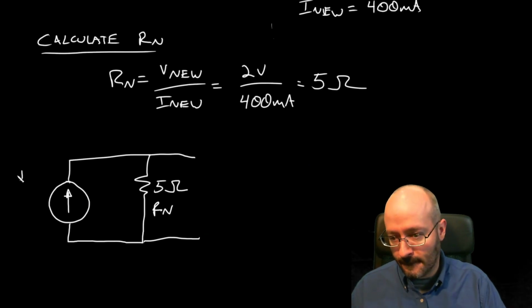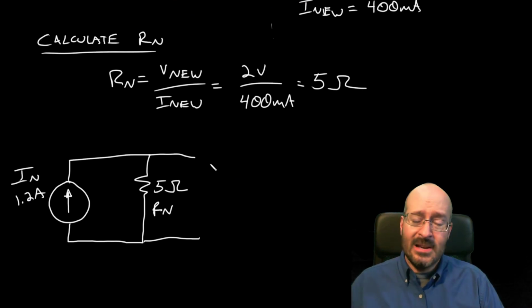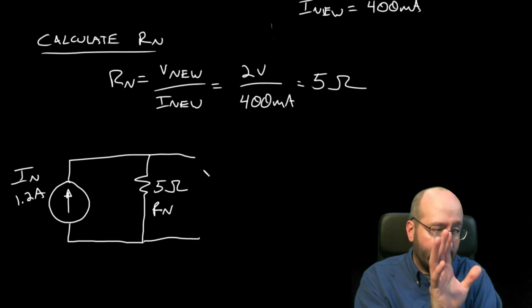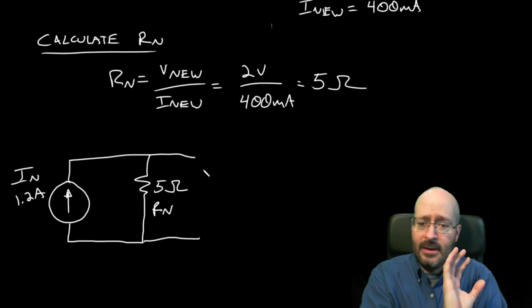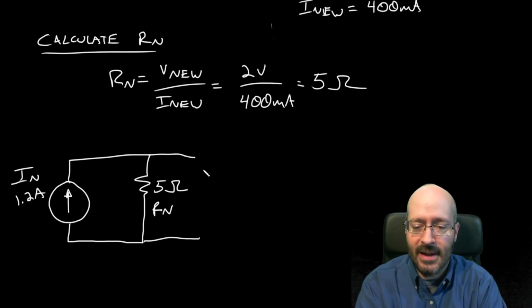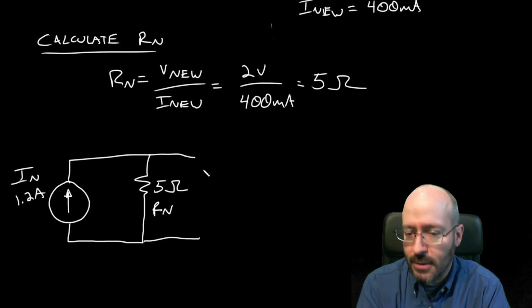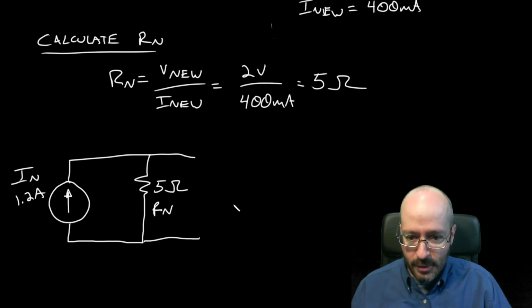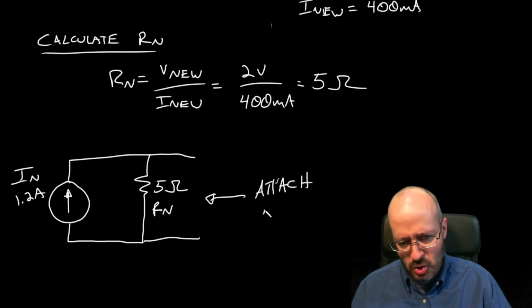Okay. All right. And go ahead and hook up a load. I'm not going to do it now. I think we've done it enough. I wanted you to see finding a Norton equivalent circuit from end to end and then drawing it. Okay. But your load would attach here. Attach load here.